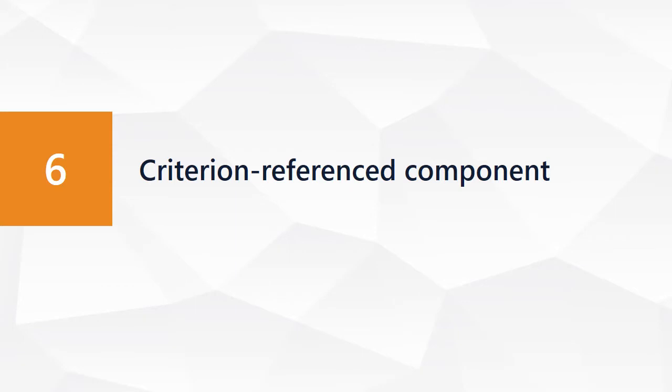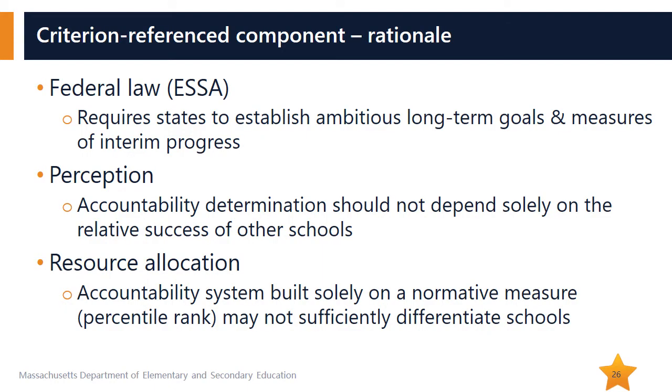Now we will review the second component of the accountability system, the criterion-referenced component. The criterion-referenced component is a measure of each school or district's progress towards targets set for them by the department. Federal law requires states to use long-term goals and interim targets in their accountability systems.